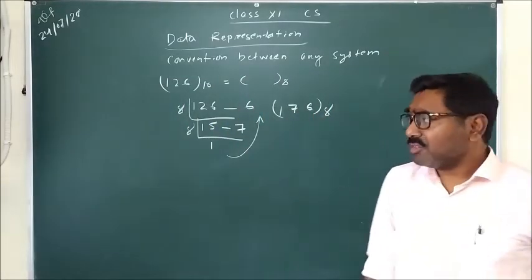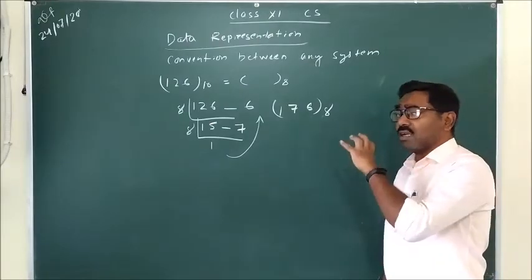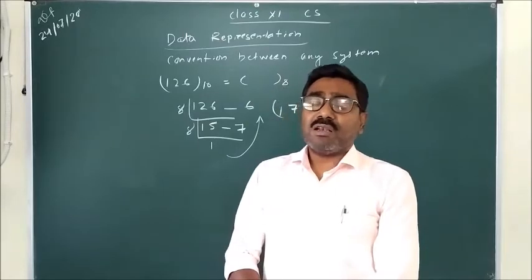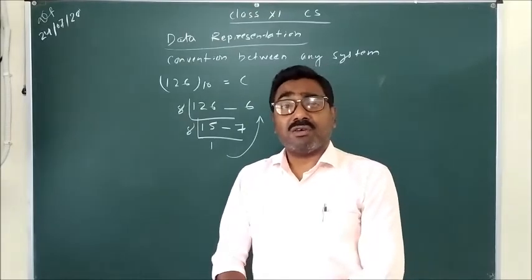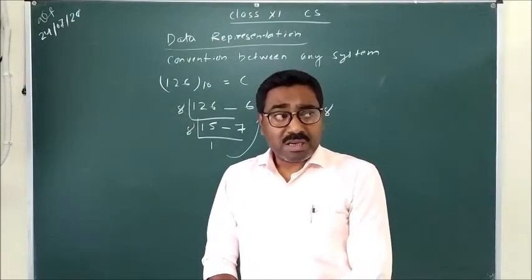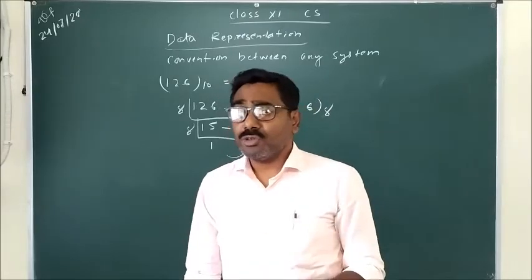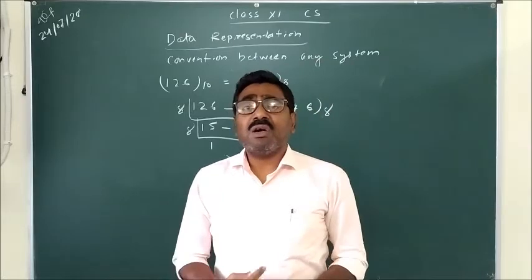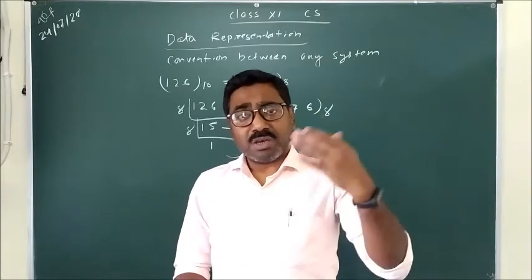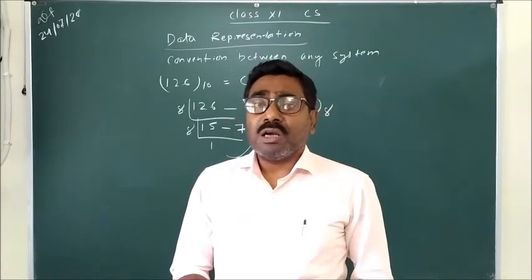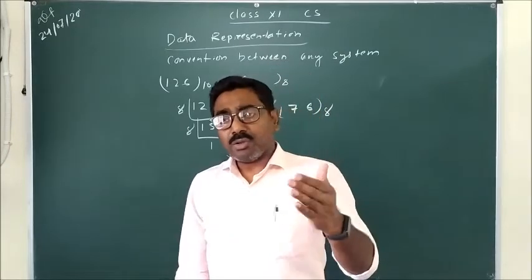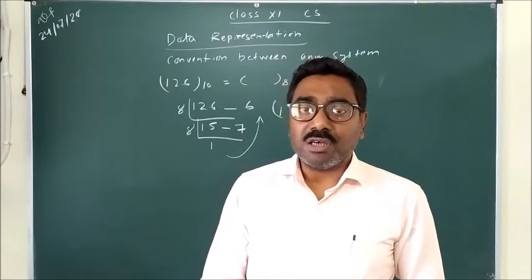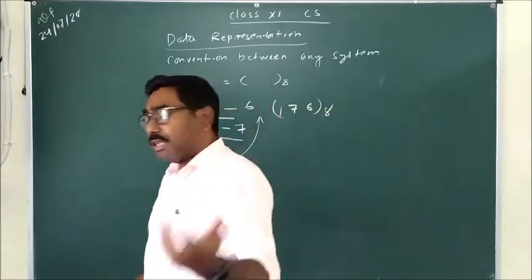Now in the reverse way, suppose you are converting an octal number to a decimal number. The same process we have to use whatever we used in binary to decimal. That means we have to multiply the digit by 8 to the power n, where n is the position of the digit, whatever we did in the binary system.